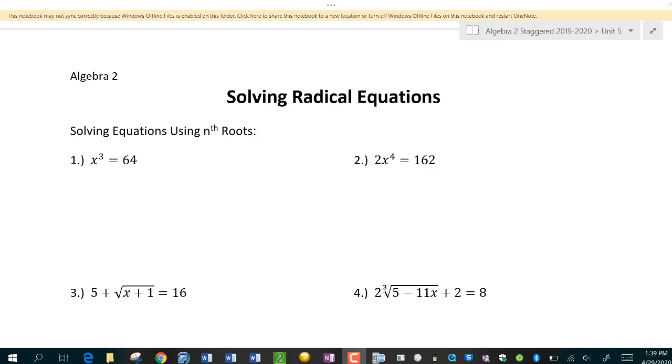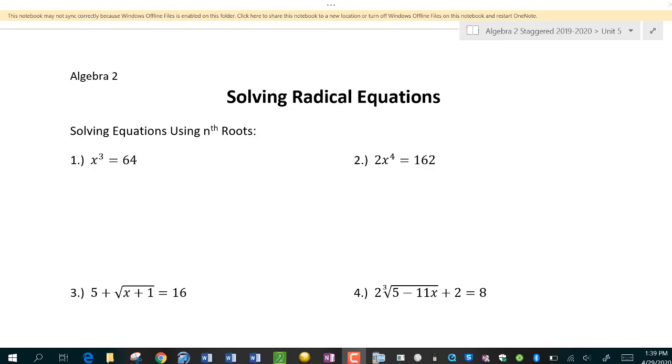So the first one I have is x to the power of 3 equals 64. Now we solved very similar problems as this in Unit 2 on quadratics. So if I wanted to get rid of that cube, I am going to use my opposite operation. The opposite of cubing something would be to take the cubed root, just like we use square root method back with quadratics.